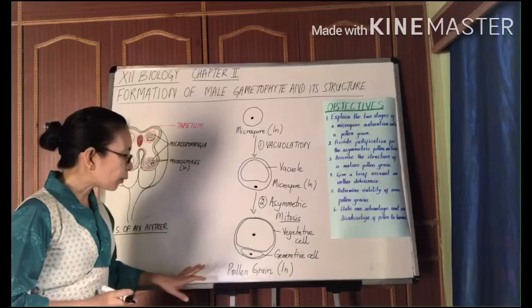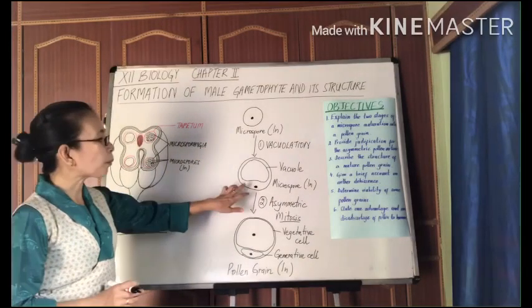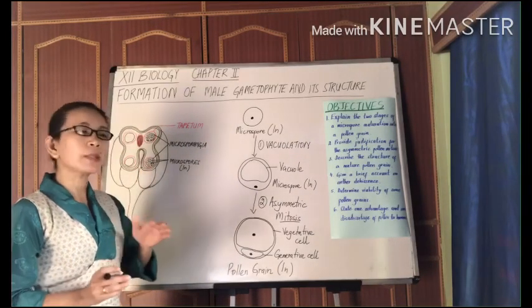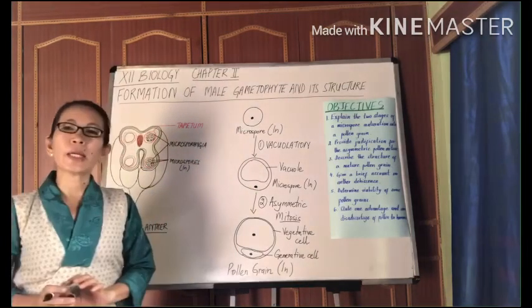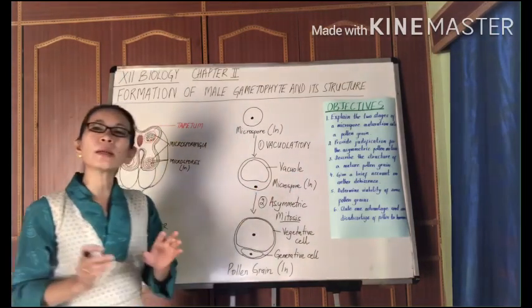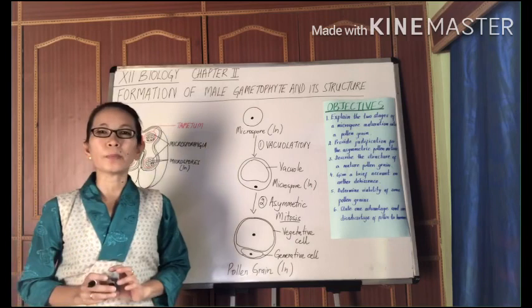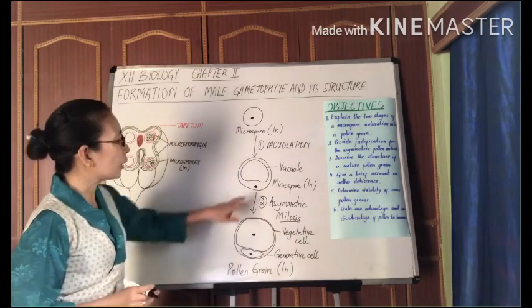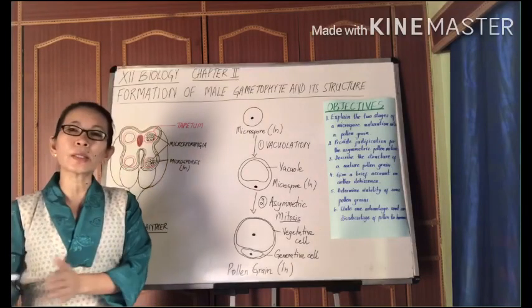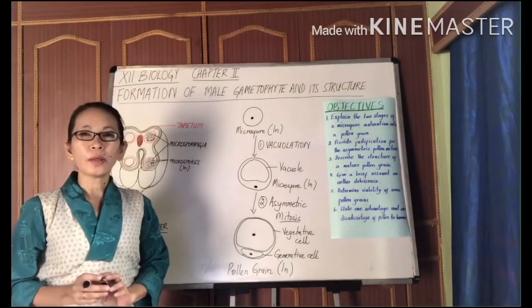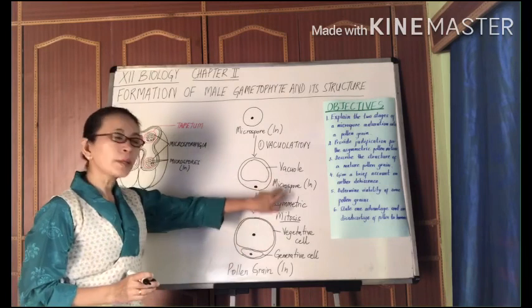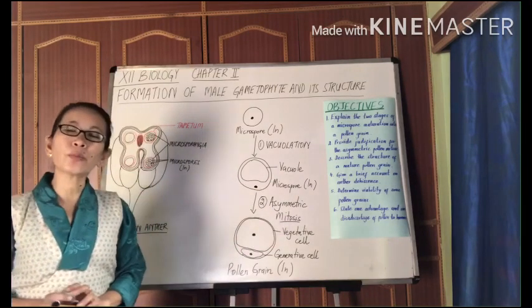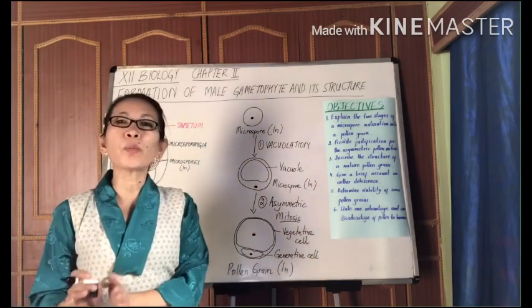So anyway, what we understand here is, from a haploid microspore, at the first stage, we had the formation of a single large vacuole inside the microspore cell. And this has resulted in the pushing of the nucleus towards the wall of the microspore. After this vacuolation, we have the second event, which is called an asymmetric pollen mitosis.